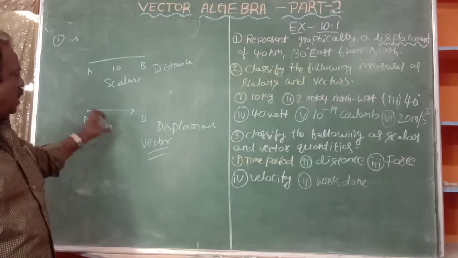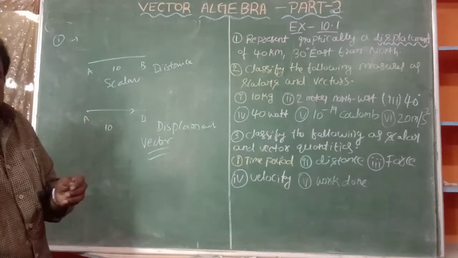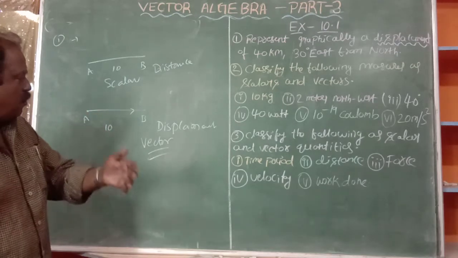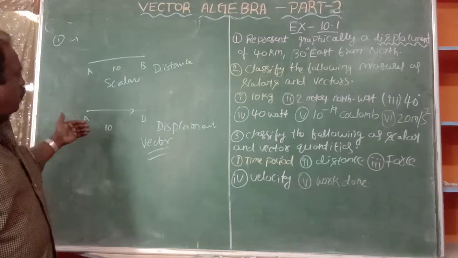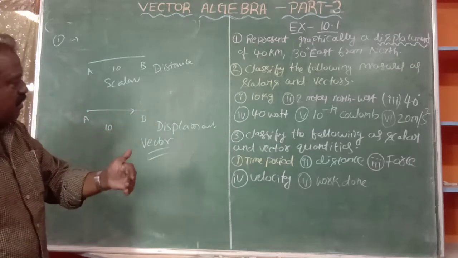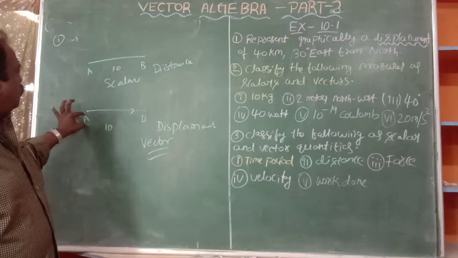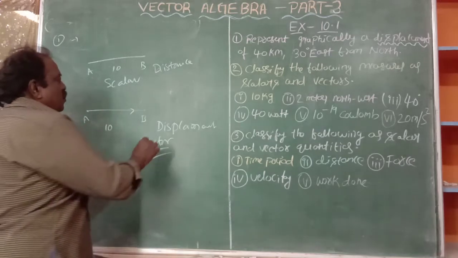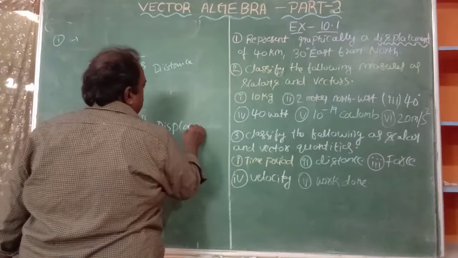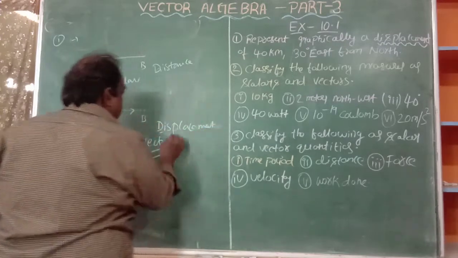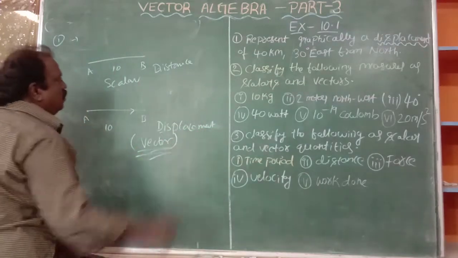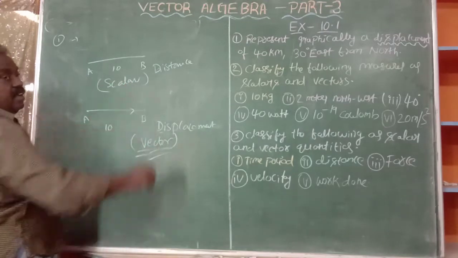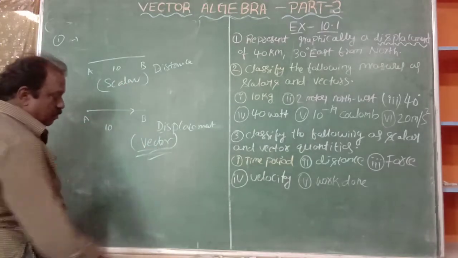Here magnitude as well as direction. Displacement means from which point to which point. That is important. So here the displacement is from A to B. This is a displacement. Purely it is a vector.